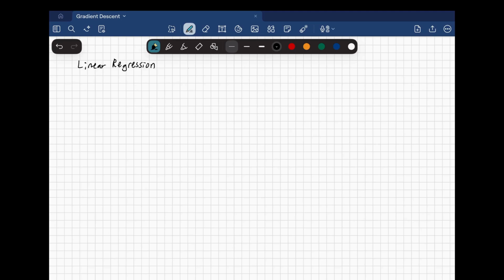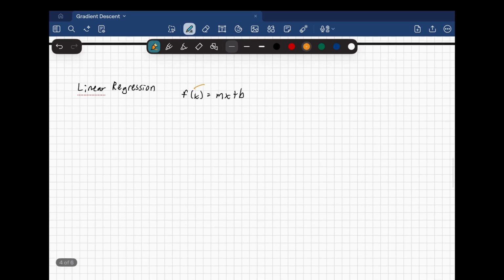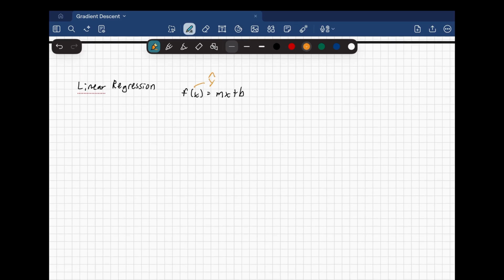The equation is f of x equals mx plus b. But sometimes f of x is just referred to as y hat. For this video, I'll probably be referring to these two interchangeably as the predicted output.